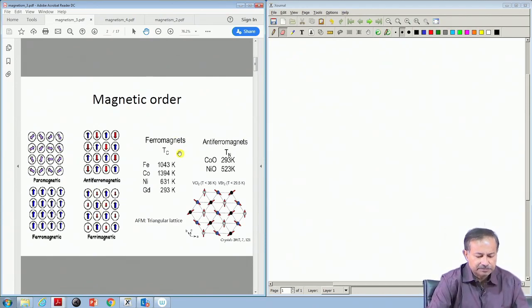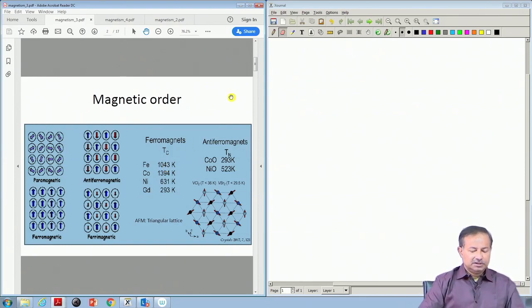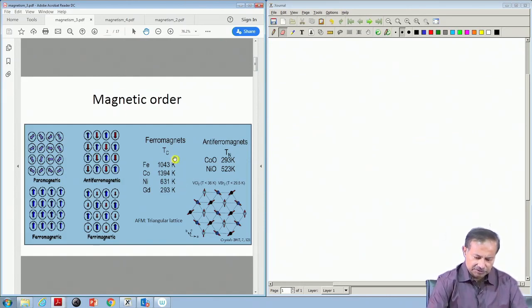There are these examples I gave, ferromagnets, for example, with Curie temperatures, or transition temperatures. So, what is the transition temperature? The transition temperature is basically the temperature above which the tendency of randomization by thermal fluctuation wins over the ordering properties of this material.